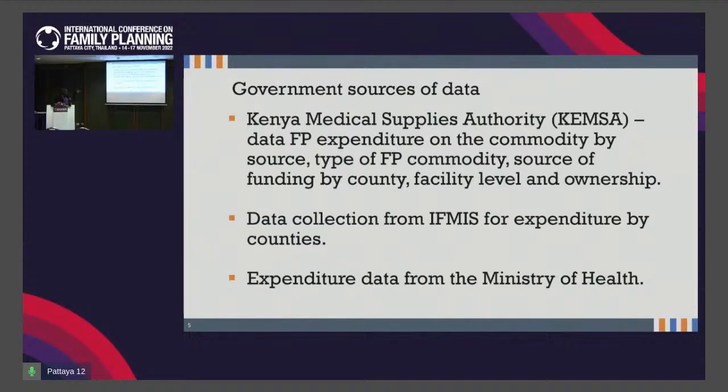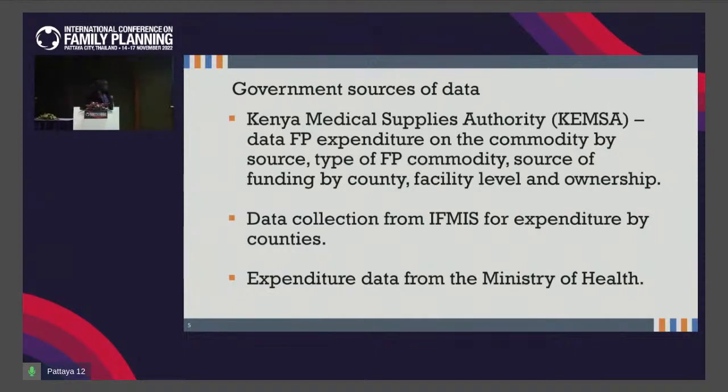This authority has information on expenditure by the type of commodity, by the source of funding, and by county. In Kenya, we have 47 counties, and also by facility level, different levels of facilities, and even by ownership of that facility.